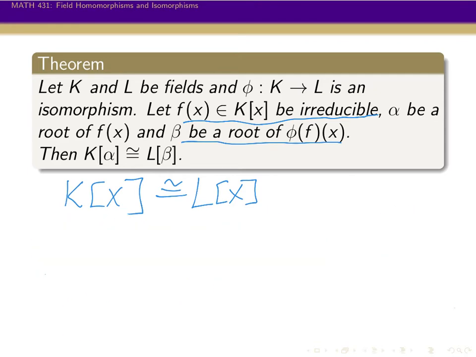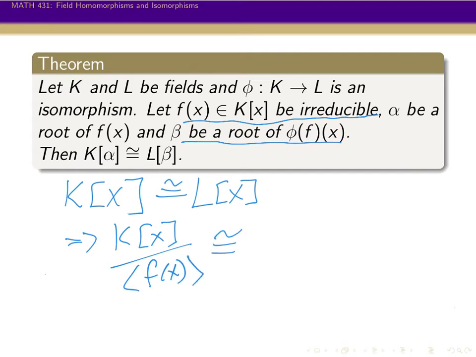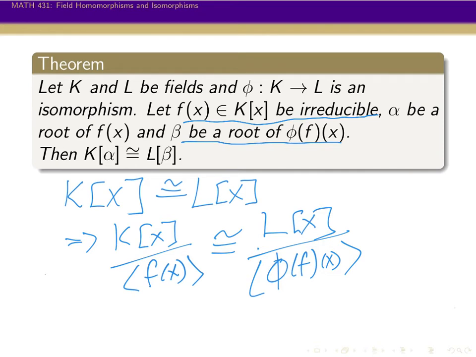So let's write that in. k adjoin x modded out by f of x is isomorphic to L adjoin x modded out by the ideal generated by phi of f of x, and this is isomorphic to L adjoin beta, and this is isomorphic to k adjoin alpha, and then we have this chain of isomorphisms.